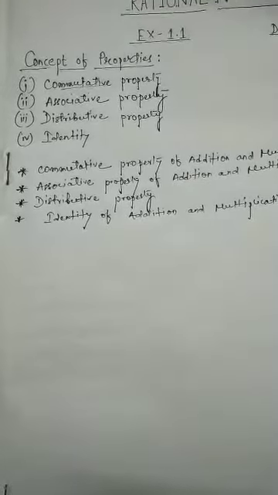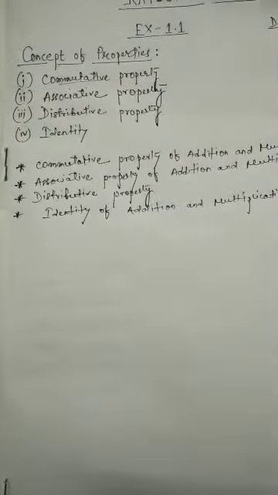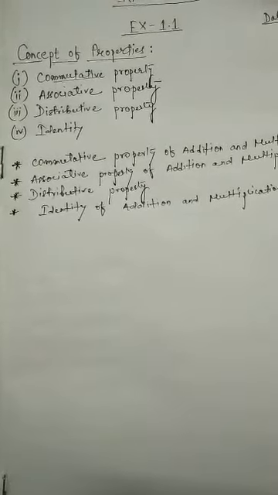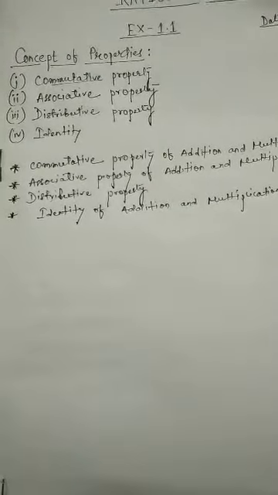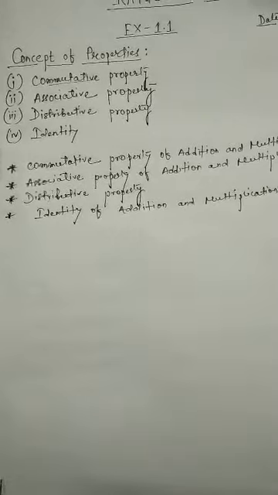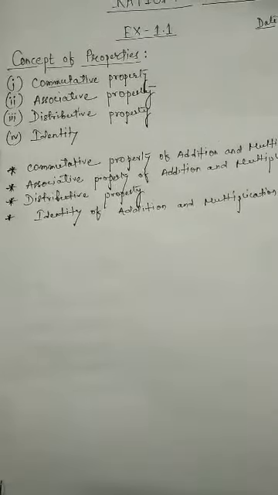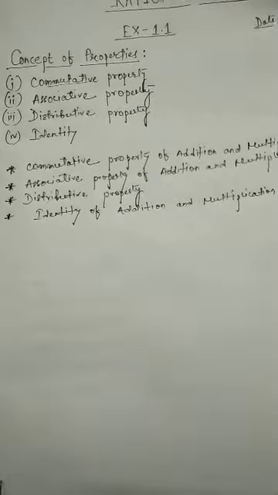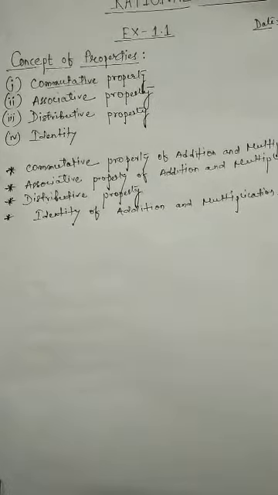What is commutative property? Commutative property is about addition and multiplication. When we add two numbers, for example, 2 plus 3 and 3 plus 2, both results are the same.